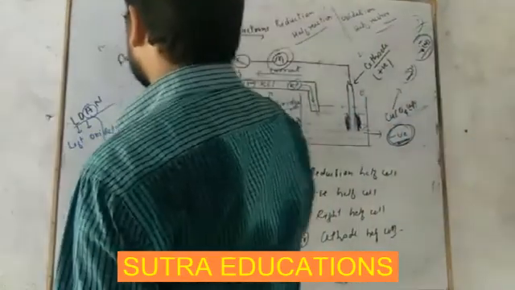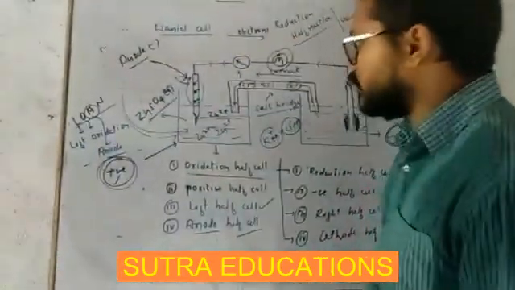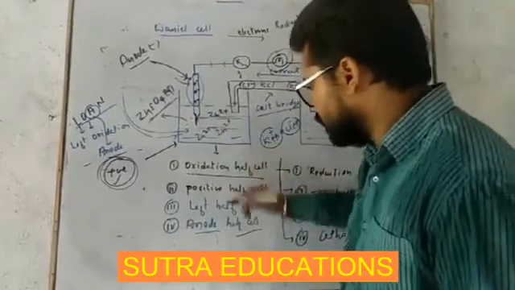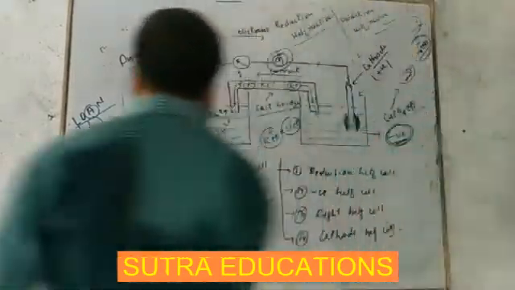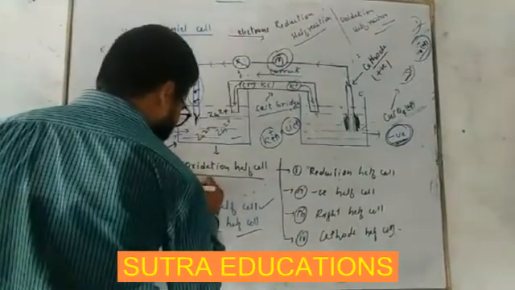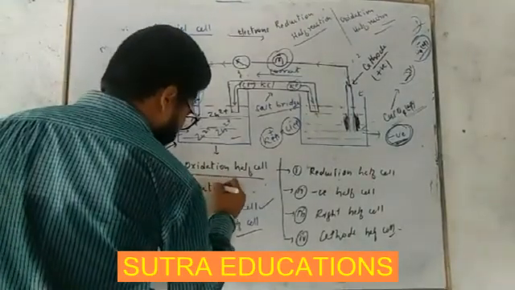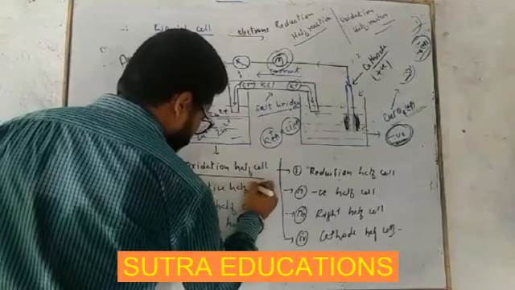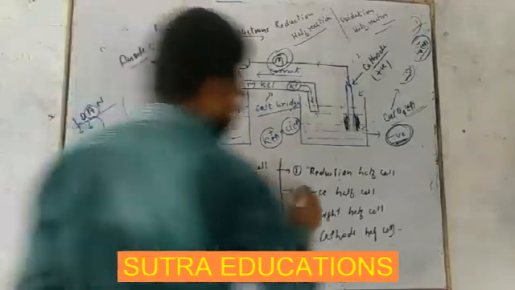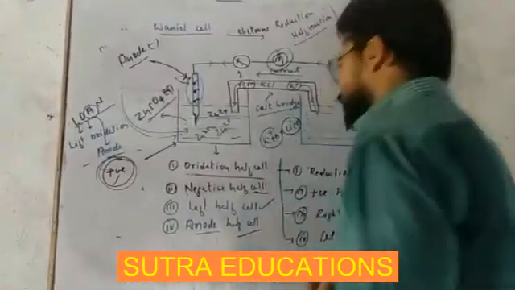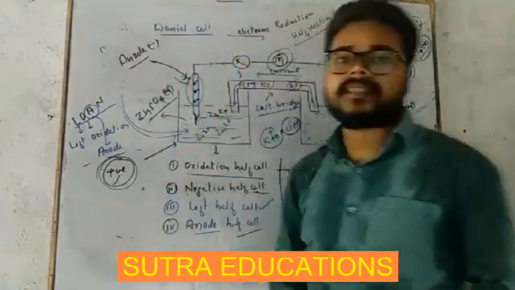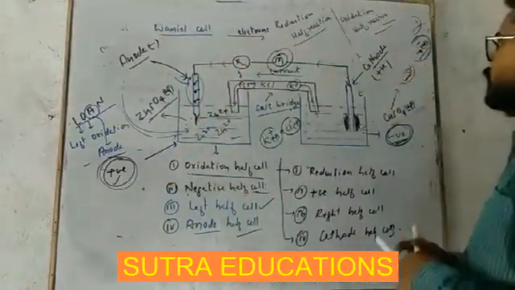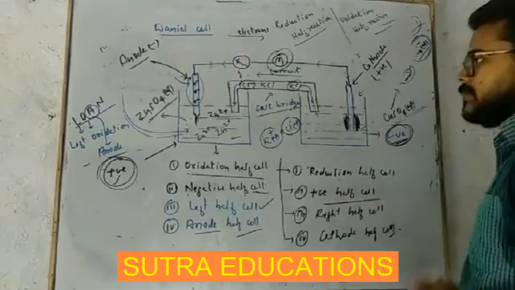So sorry, it is also called the negative half cell. Negative half cell, and this is the positive half cell. Because it is anode, and anode is taken as negative, and cathode is taken as positive, so it is the positive half cell.